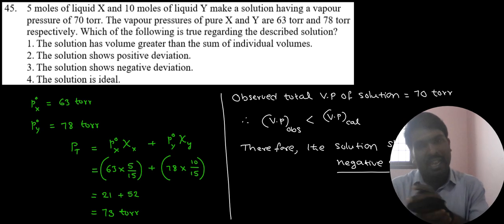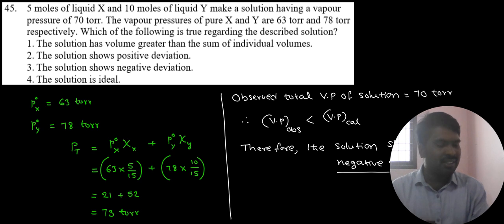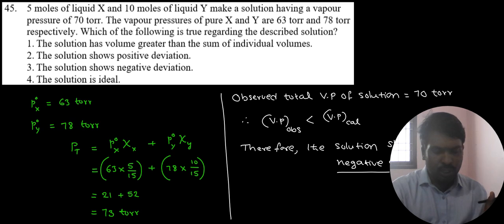Now we have to calculate the calculated or expected vapor pressure of the solution. The pure liquid vapor pressures are given, P0 X 63 torr, P0 Y 78 torr. The moles are also given, liquid X 5 moles, liquid Y 10 moles.